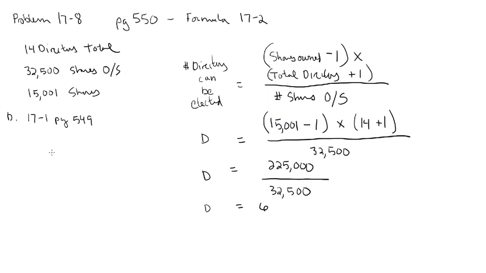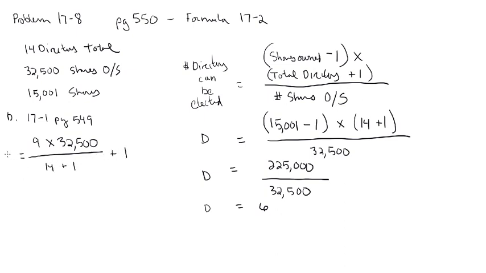It calculates the number of shares required. And when we take a look at that formula, 9 times 32,500 divided by 14 total directors plus 1, all plus 1.